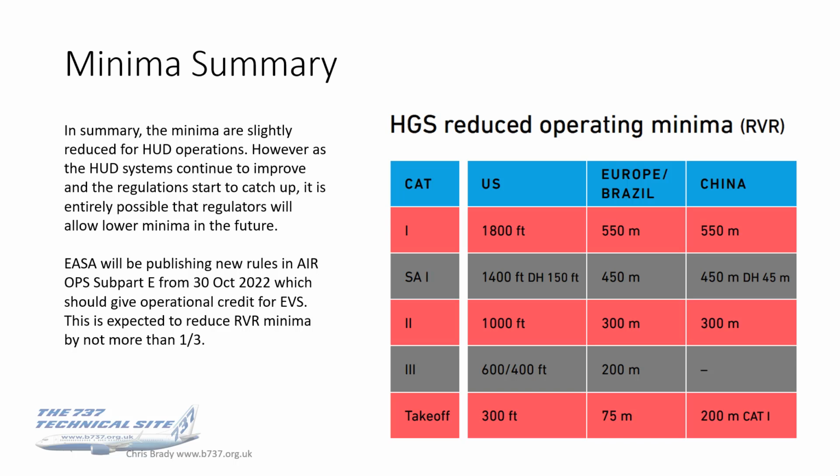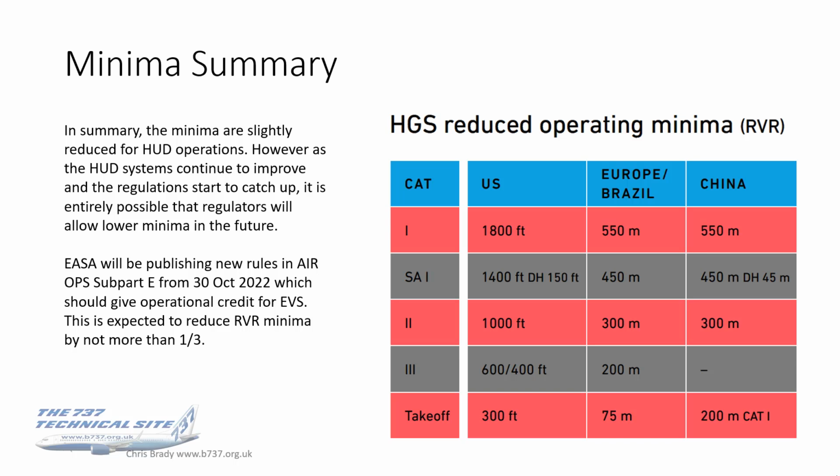So, to summarise, the minima are slightly reduced for HUD operations, but as the HUD systems continue to improve, and by that I mean probably EVS and EFVS, and the regulations start to catch up, it's entirely possible that regulators will be allowing lower minima in the future.